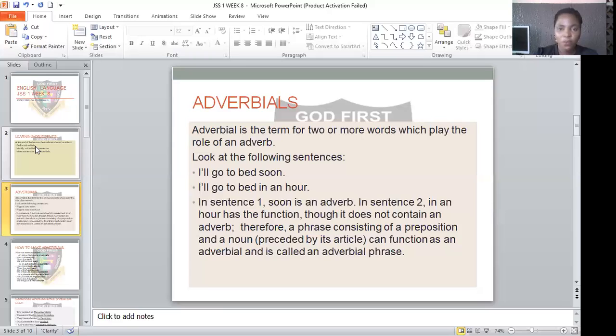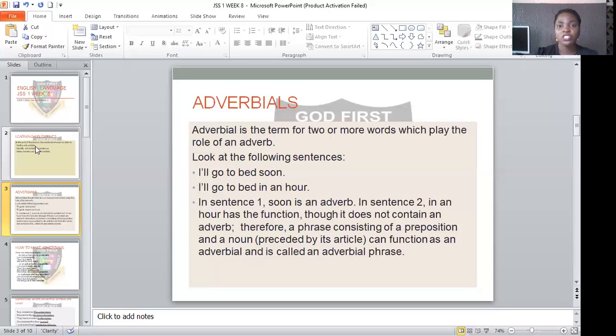Why? Because it performs the function of an adverb. So in an hour is an adverbial because it performs the function of an adverb in the sentence. If you look at the sentence closely, there is no adverb in it, but in an hour acts and functions as an adverb because it tells us when I'll go to bed.